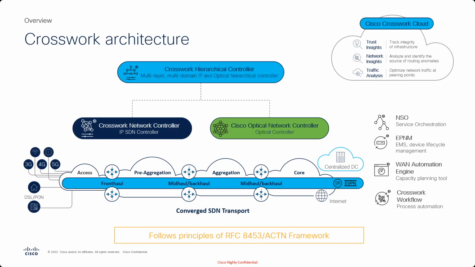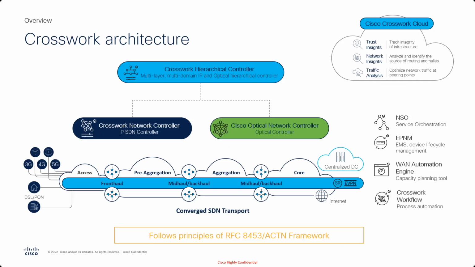As you can see on the right, let me use this pointer. On the right here, I still show some discrete components like NSO, which is our provisioning tool. You are probably very familiar with the application. It's very popular. I will describe it in more detail a little bit later. But NSO is our engine for provisioning.